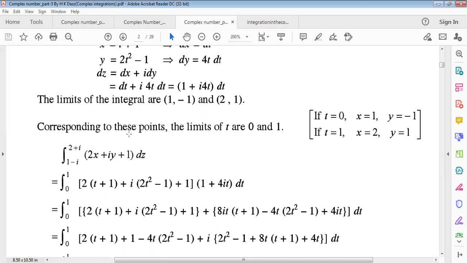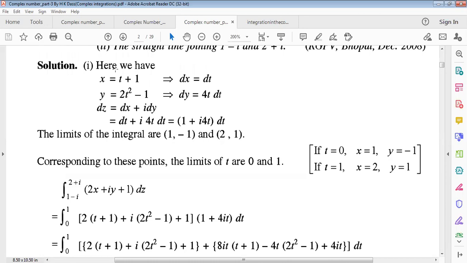Now corresponding to these two points, the limits of t vary from 0 to 1. If t equals 0, x equals t plus 1, so x equals 1, and y equals minus 1.